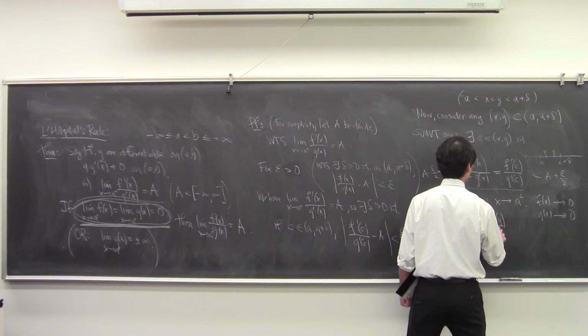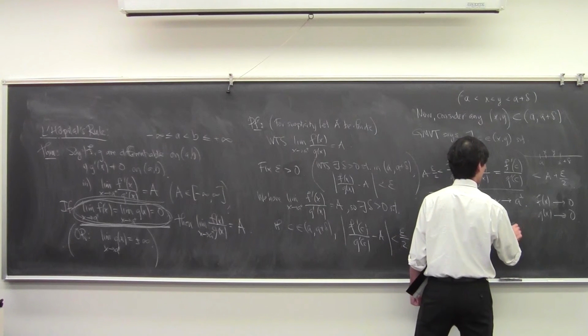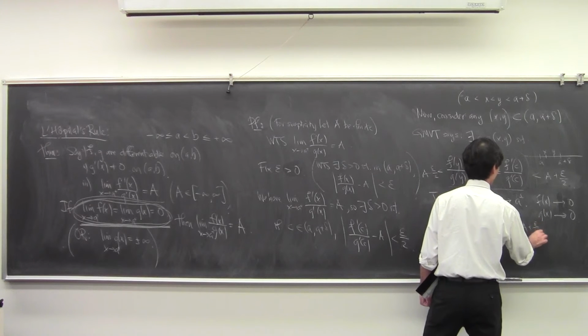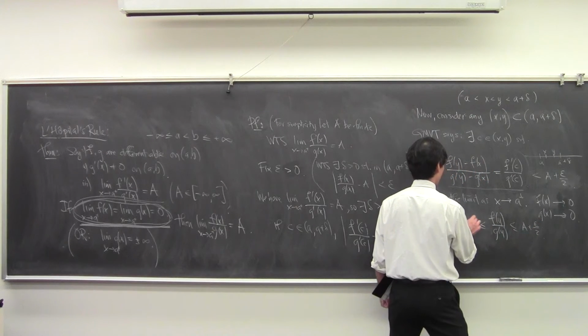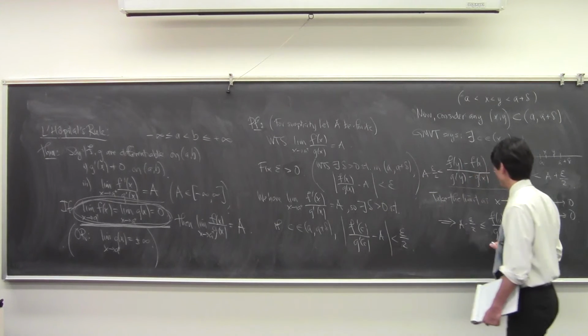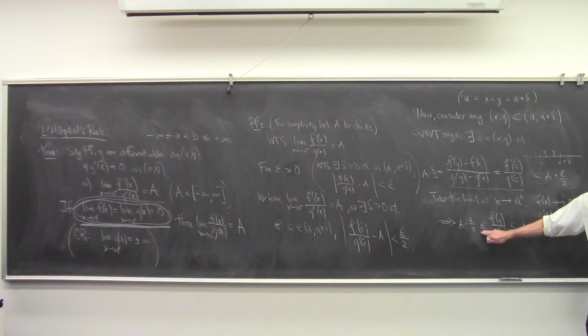What you get is that f of y over g of y has to lie between a minus epsilon over 2 and a plus epsilon over 2, although possibly it could become equal to them. In the limit it could actually become equal.